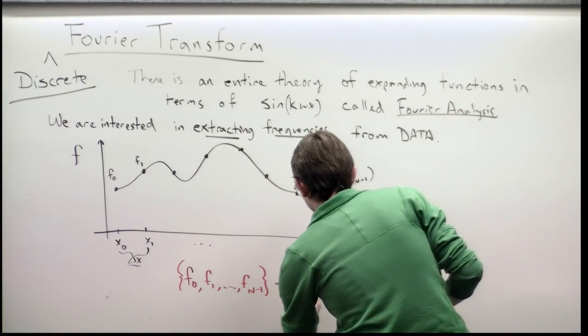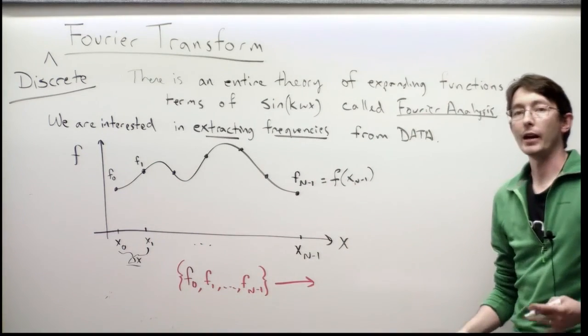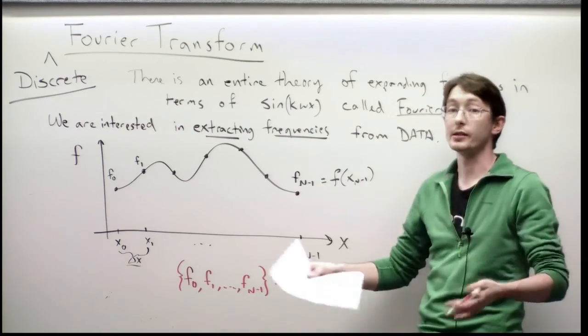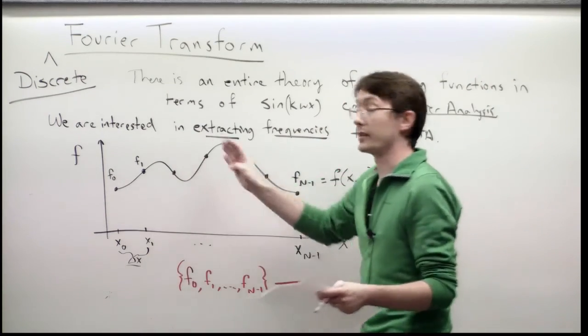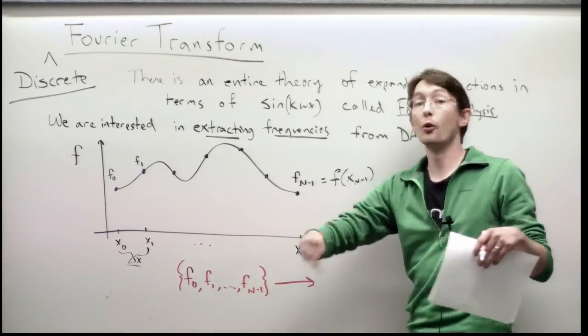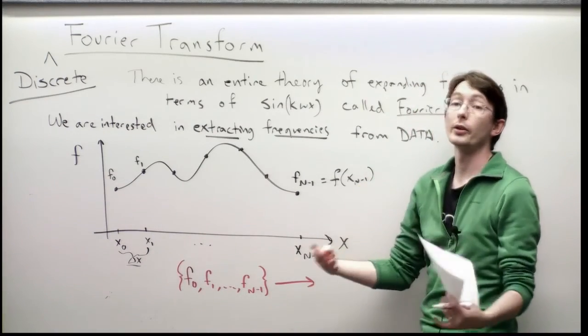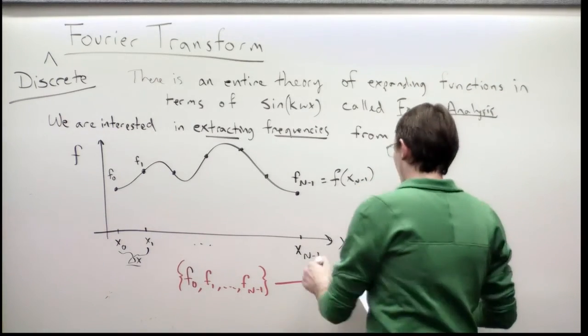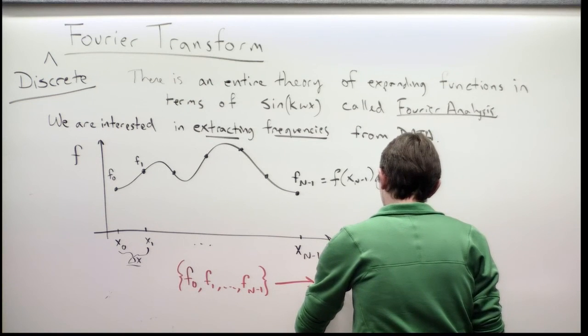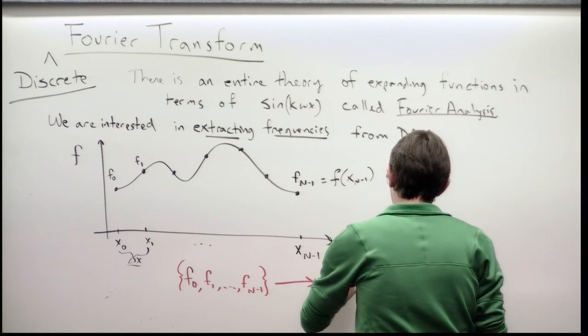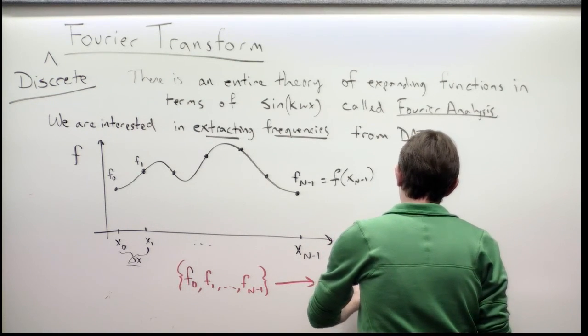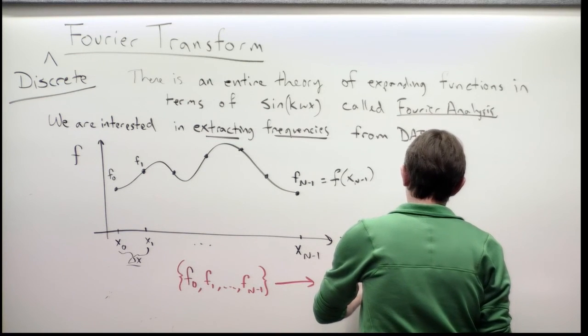And I want to go through some procedure to pull out frequency components. Is this thing really high frequency? Is there some low frequency pattern? I want to know what the frequency components are. I'm going to call those f0 hat, f1 hat, all the way up to fn minus 1 hat.